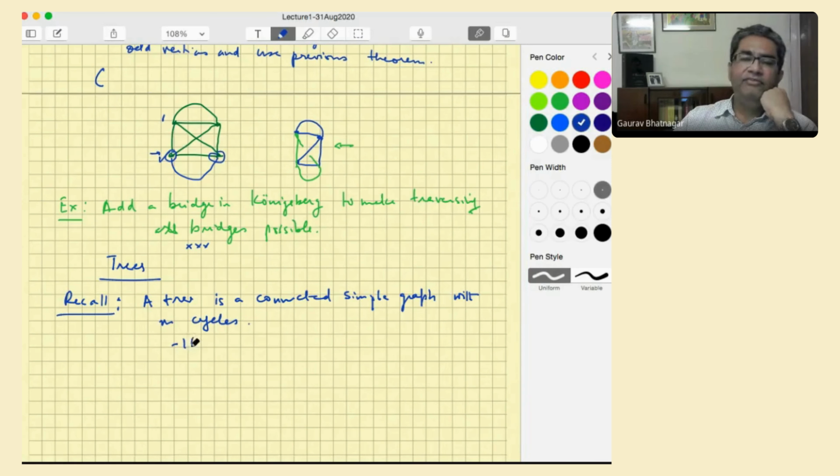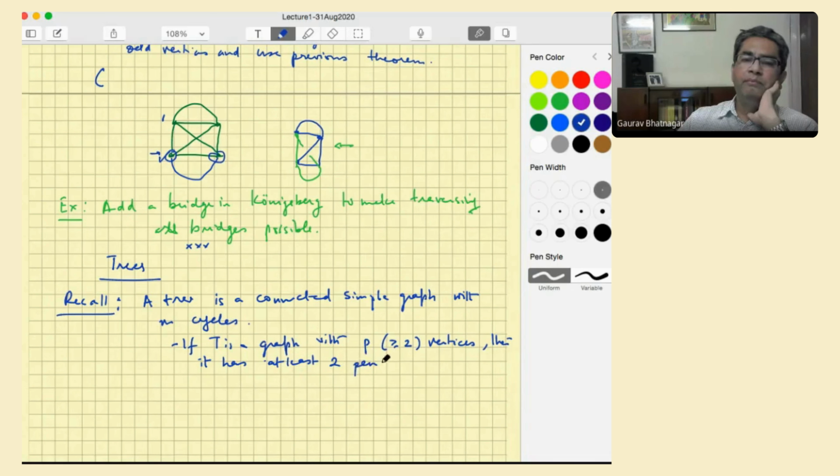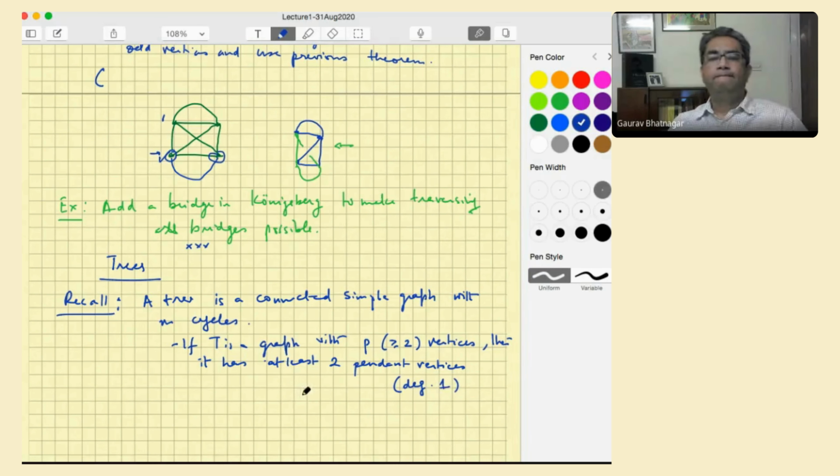And if T is a graph with P vertices, then it has at least two pendant vertices. Pendant means degree 1. So it could have more.